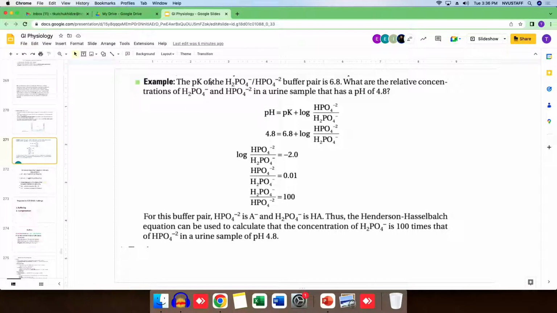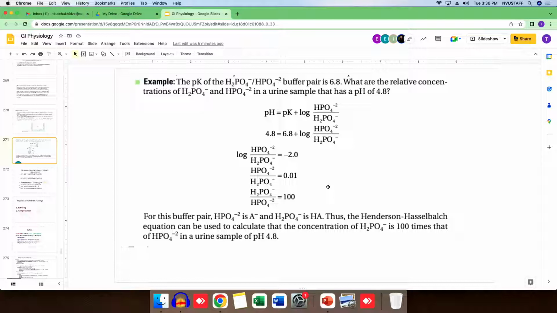So we know here the pK of these two products, right? This is the acid, this is the A minus form, and it is 6.8, and we know the pH. We are writing instead of the pH 4.8 then 6.8 plus the logarithm of these two, right? So to convert it, the logarithm of this substance will be minus 2. Then we are titrating them more and more, and the final answer will be 100.